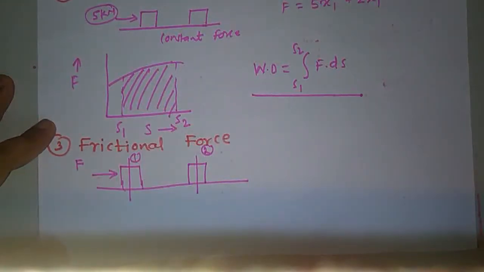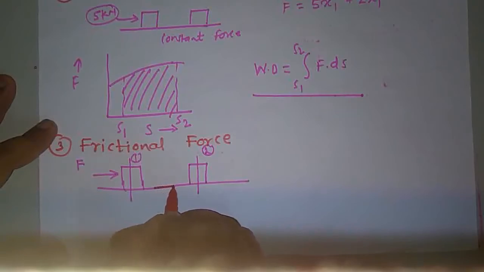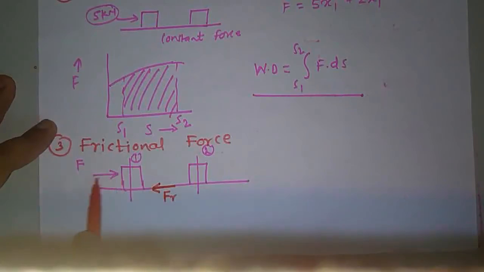During this event, the frictional force is acting in this direction. Suppose this friction force is Fr. We know the direction of friction is always opposite to the direction of motion, so the direction of friction is like this.